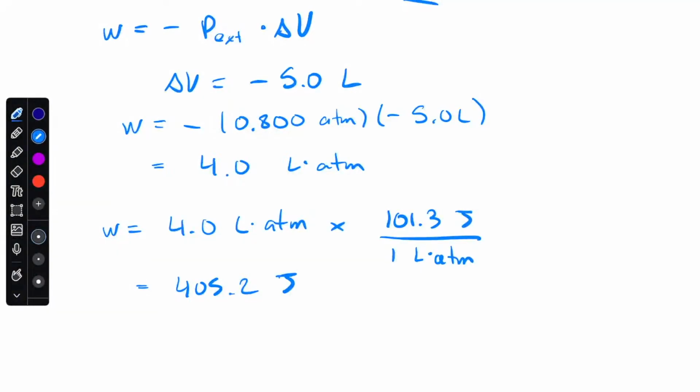The value here is positive. That means work is done on the system, which makes sense if the system is contracting, which it is. It's going from 15 to 10. It's being worked on to compress it. So I always think at the end when I get an answer, does the sign of this make sense? It's always a good last check before you hit submit.